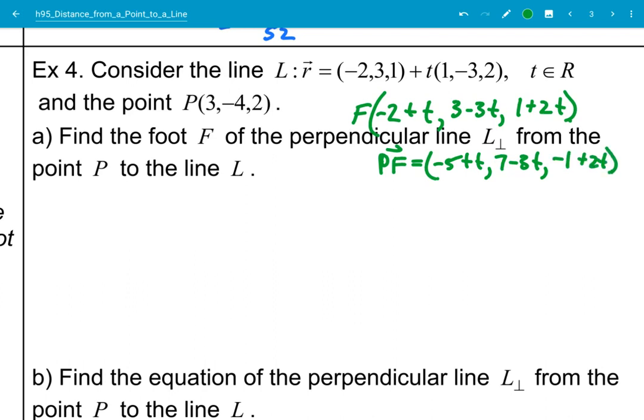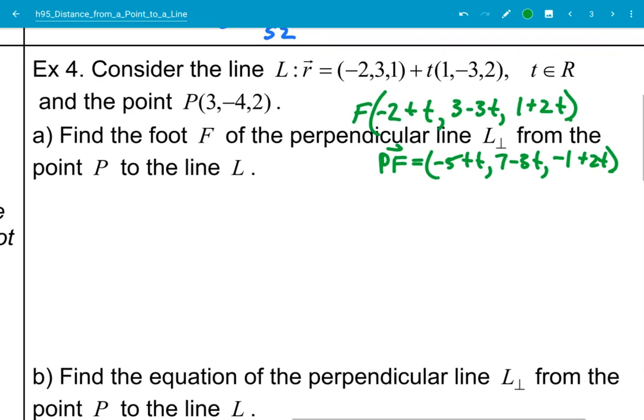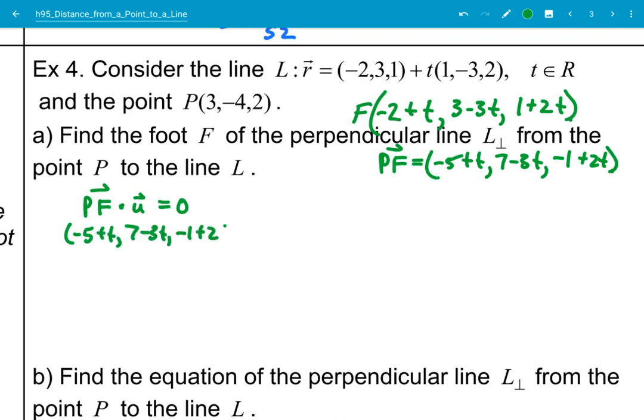This point to this generic foot point, well, the foot point we're interested in, if it's the right point, then that'll be perpendicular to the direction of the line, and the dot product will be 0. So what we have to do is find t so that this equation is true. And the direction vector, of course, from the line is 1, -3, and 2 is equal to 0.